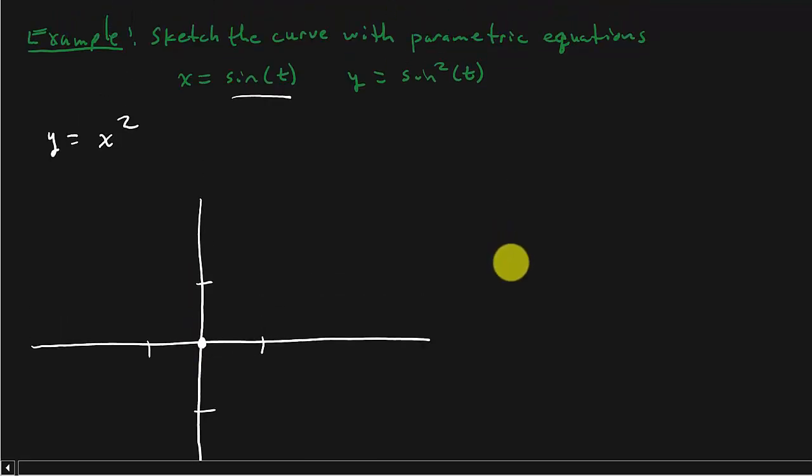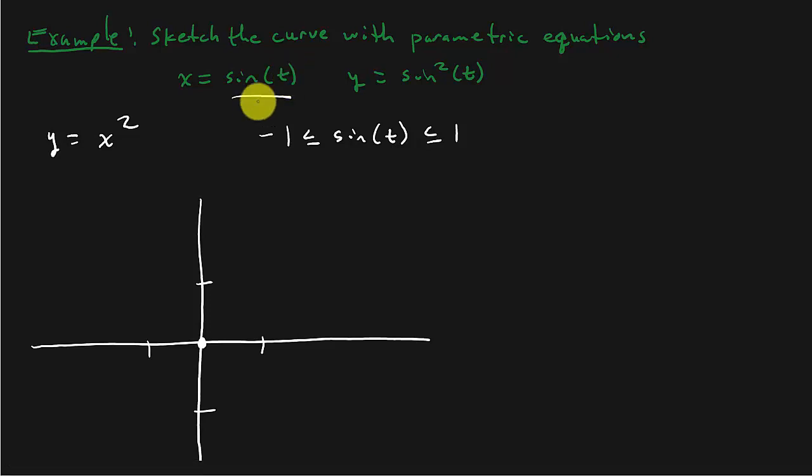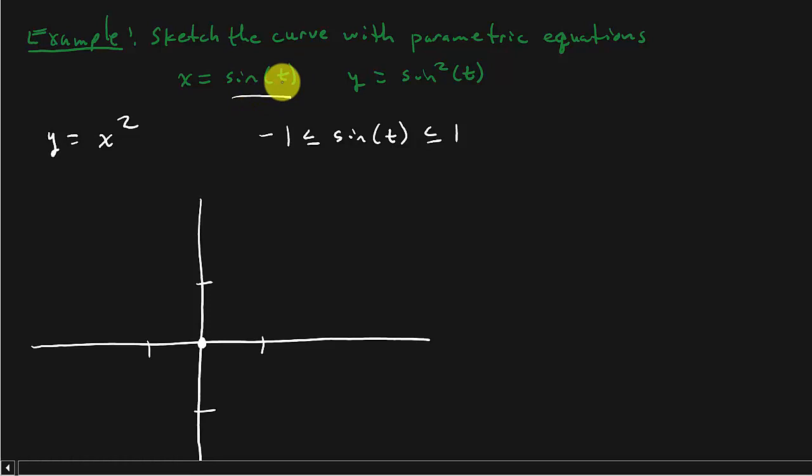Now, wait a minute. Before we get started, one thing I've got to make a note of: sine t, you see the sine t here? That's between negative 1 and 1, right? Any angle you plug in for t, you're always going to get a value between negative 1 and 1 with sine, and cosine as well.